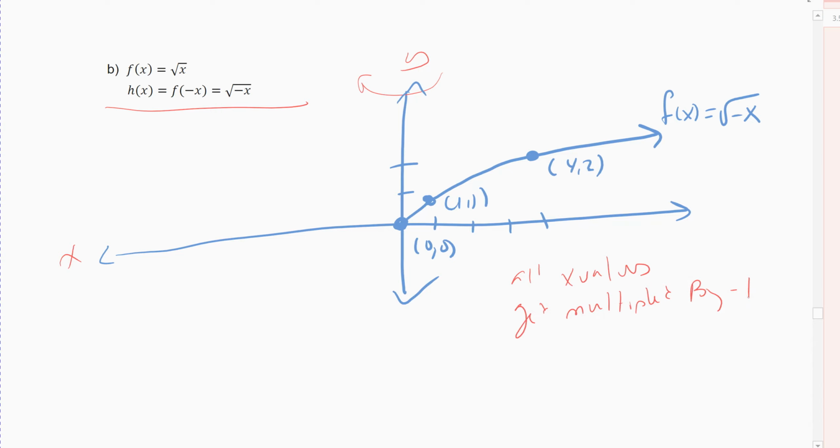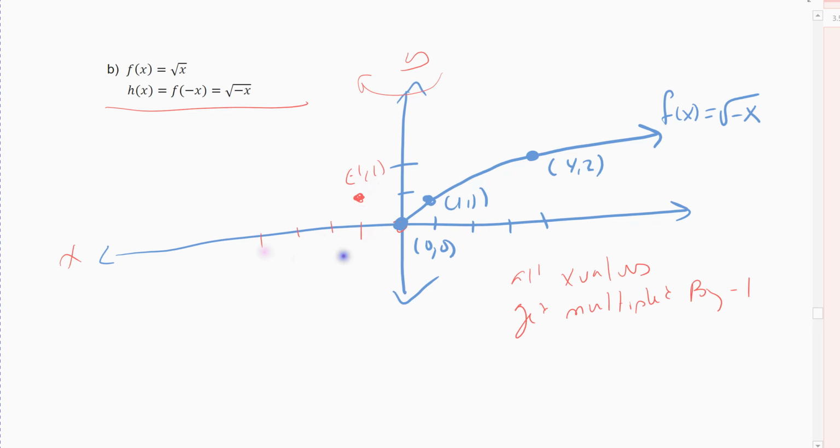It should make sense. In order for the function to work, since there's a negative on the x, I have to plug negative values in. If I plug 1 in, it's an imaginary number. But if I plug negative 1 in, I get the negatives to cancel each other out, and now it becomes a positive 1. And so 0, 0 is still 0, because negative of 0 is still 0, so it still starts here at 0, 0. But then it's flipped over here and becomes negative 1, 1.